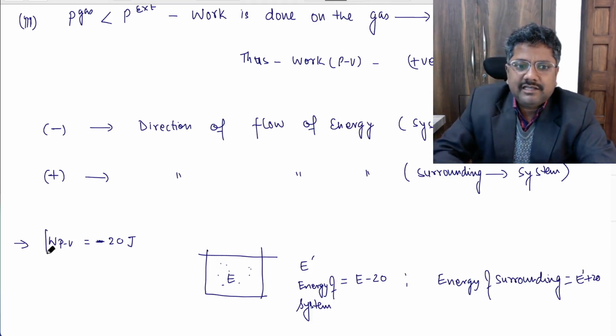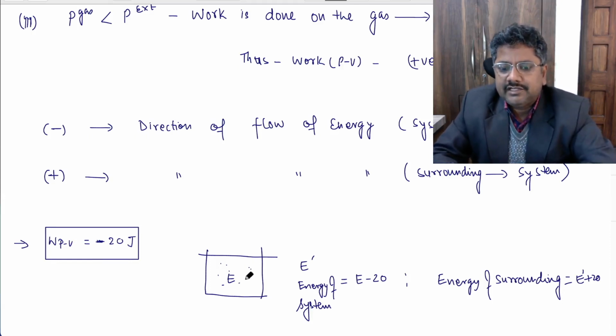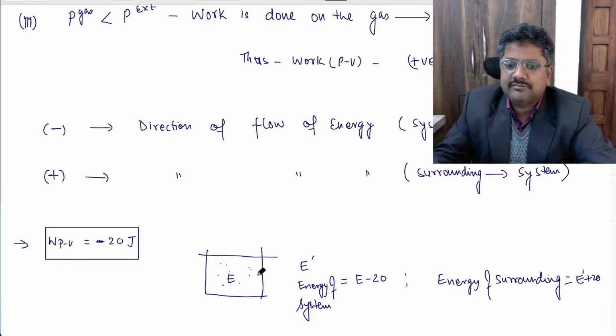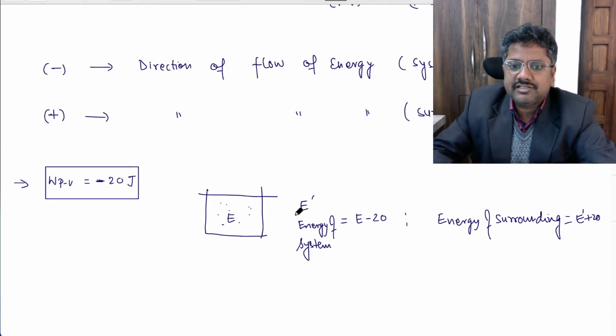So basically this is the convention. If anywhere it is written W is equal to minus 20 joule, means 20 joule of energy is transferred from system to surrounding in the form of work, right? So this is the energy of the system finally, and this is the energy of the surrounding finally.